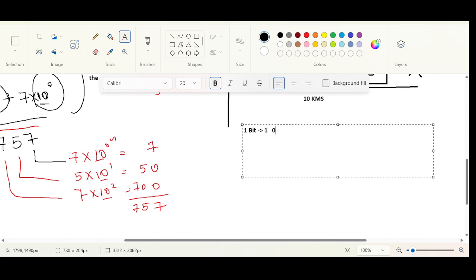One or 0 you can pass, or you can pass true or false, or on or off, or yes or no. All these categorizations are one and the same. If I have 2 bits, if I have 2 switches and 2 bulbs, you can pass 4 pieces of information. Right? So 0 0 I can pass.